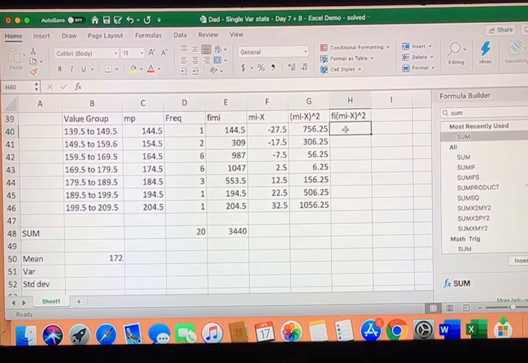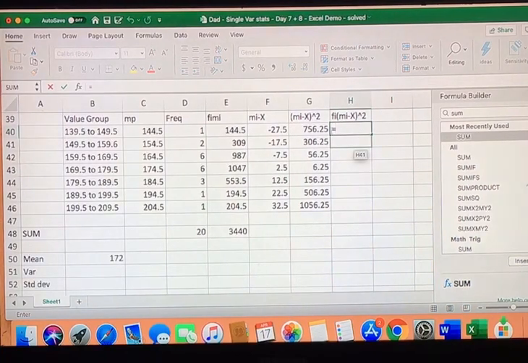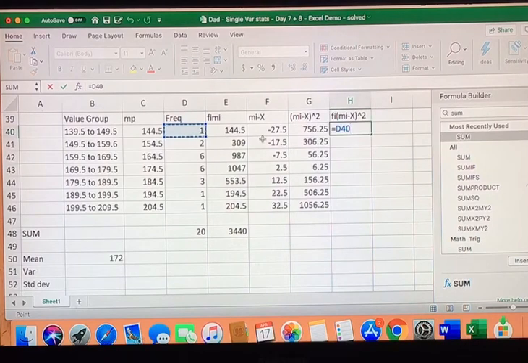So what do I do? I create my formula. I go equals, and I take my frequency all the way over here, in this case D40, and then multiply again, star, is multiply. And I want to multiply it by this guy because it's the Fi times this whole thing. So there's my Fi, D40. And then I click here, the red one, which is G40, and I press enter, and there it is.